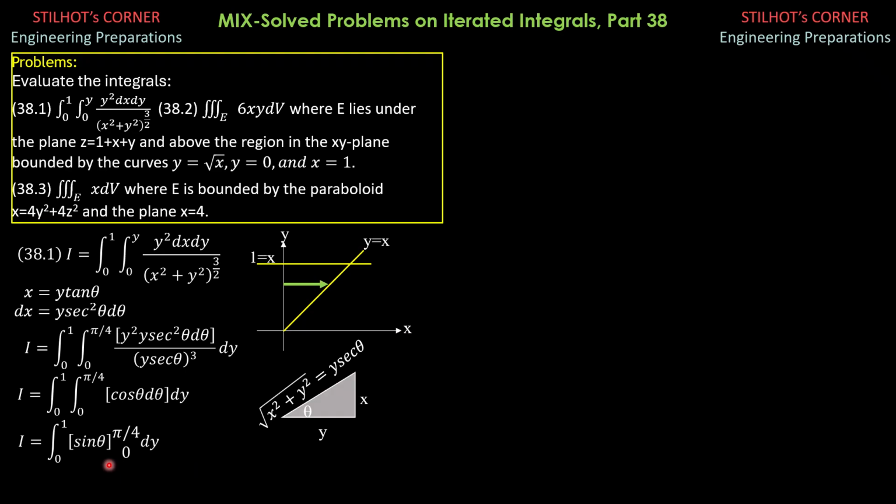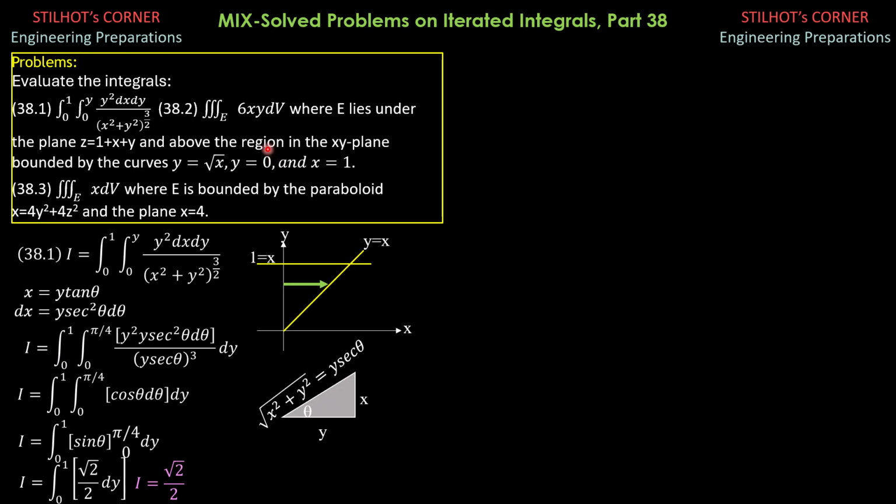Sine of pi over 4 is square root of 2 over 2 minus sine 0, which is 0. So that would be the integral 0 to 1 of square root of 2 over 2 dy. And of course, that's square root of 2 over 2 times y, and y is from 0 to 1, so it's still 1. So that's why it is square root of 2 over 2.